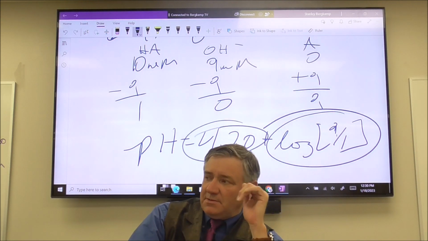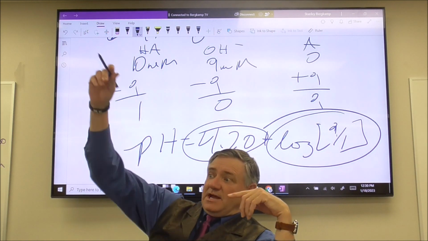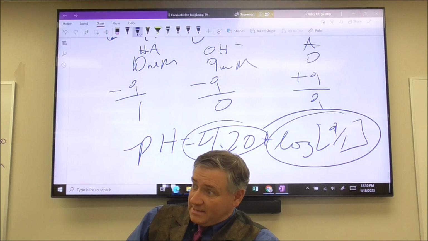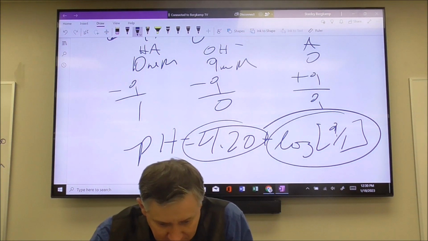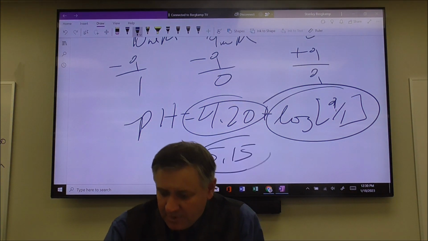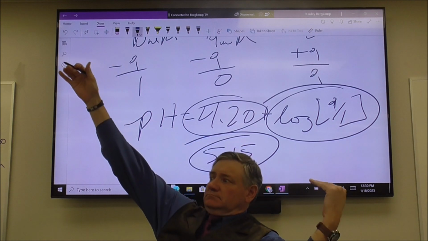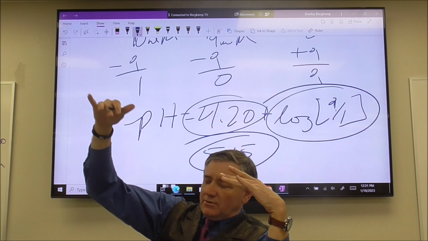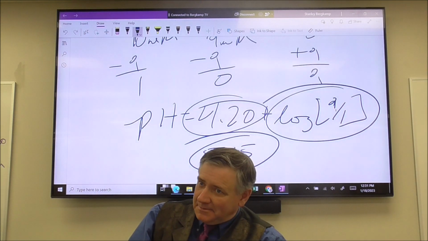So my pH is going to be above my pKa, because now I'm going to have a lot more anions than the molecular form of the acid. If you do this math, you get 5.15. Oh, that's kind of cool, right? pH has gone up. We went from 2.54 to 4.2, and now all the way up to 5.15. We're not neutralized.